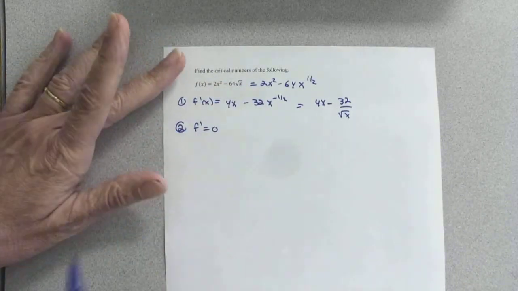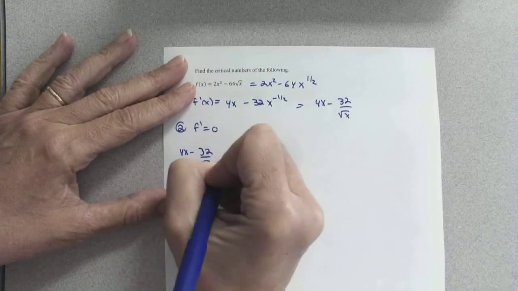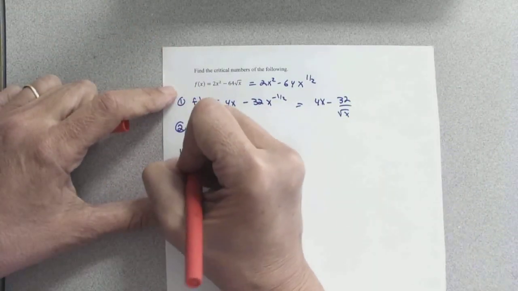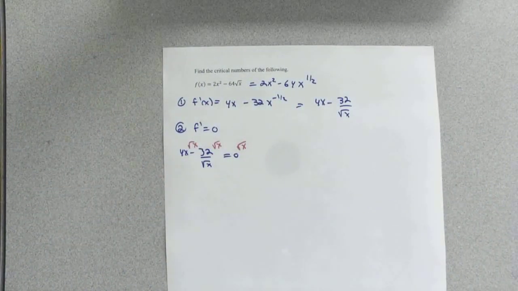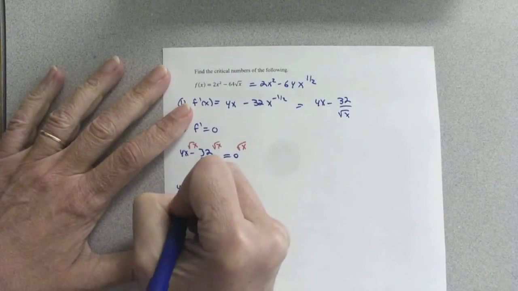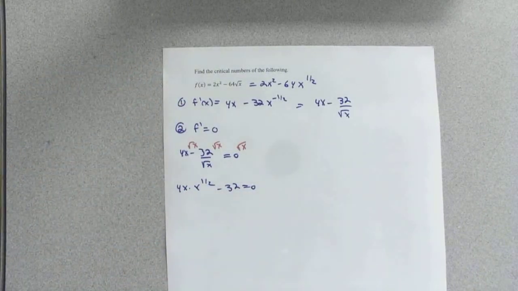2, the derivative equal to 0. So 4x minus 32 over the square root of x equals 0. Clear that fraction. So multiply everybody by the square root of x. So I've got 4x times x to the 1/2 minus 32 equals 0.